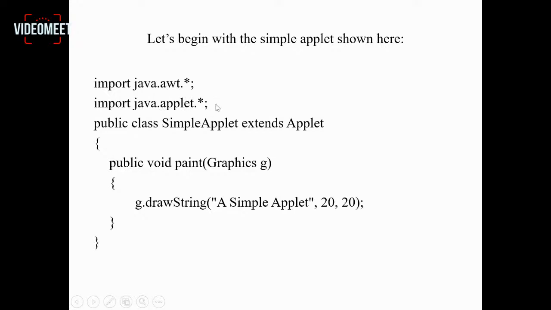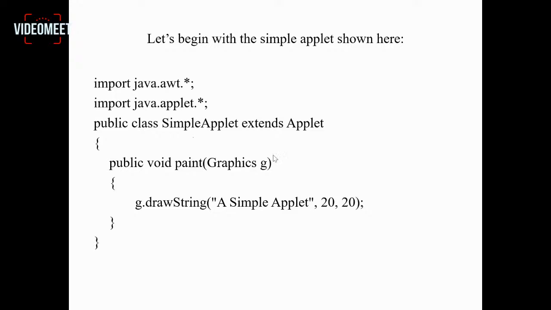To create an applet, it is just like in the multithreading concept. To create a thread, we either created a class which extends the Thread class or which implements the Runnable interface, right? But coming to applet, we don't have an interface. We only have a class.